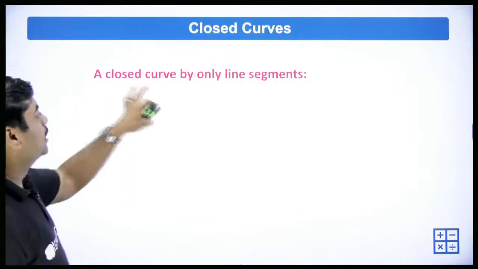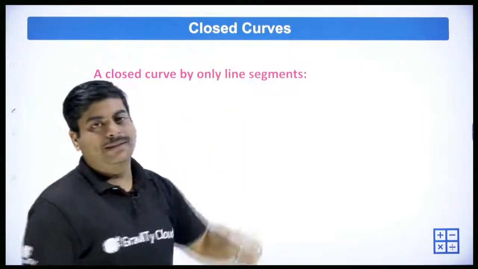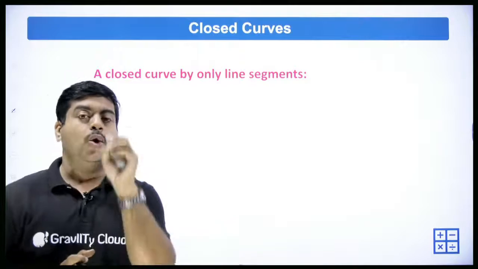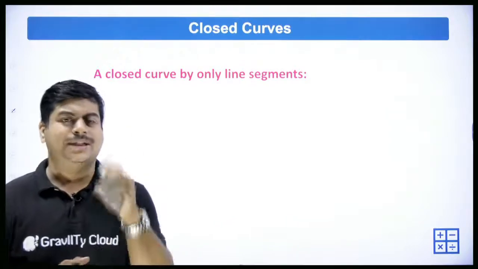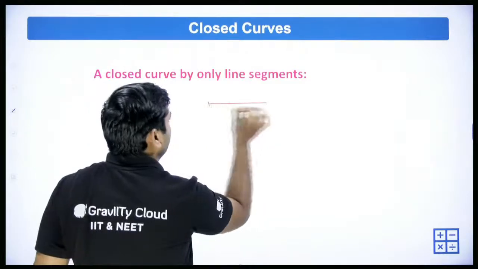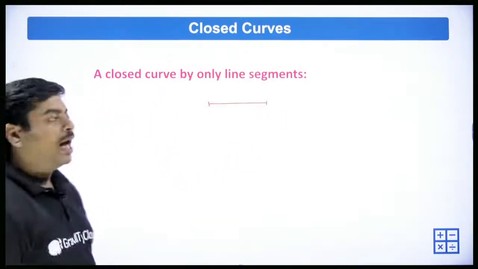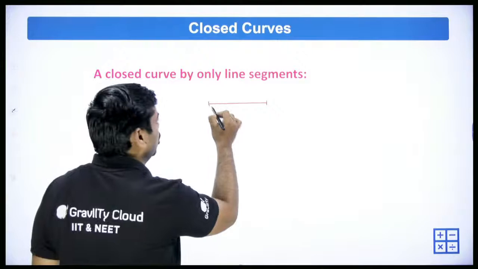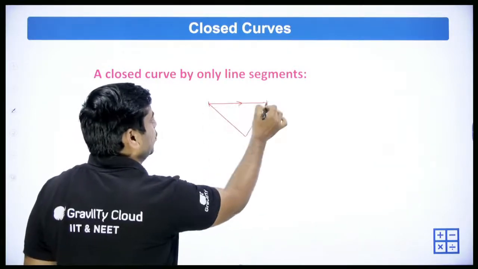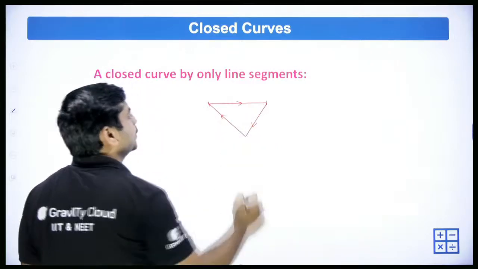Now we discuss a closed curve made using only line segments. What do we mean by a line segment? Yesterday we saw that this is a line segment, which has a fixed length. Let's say I close it like this: starting from here, I travel to this point, and this point, and this point.